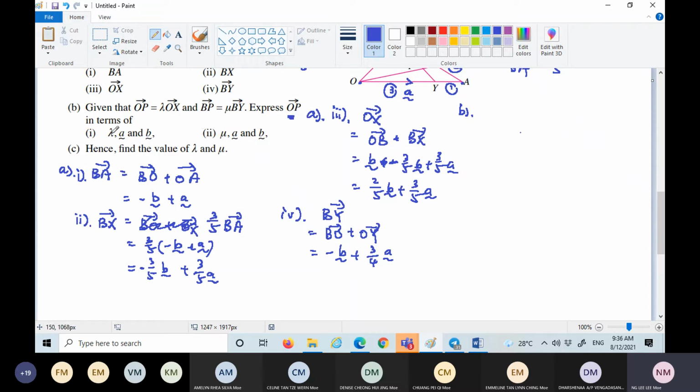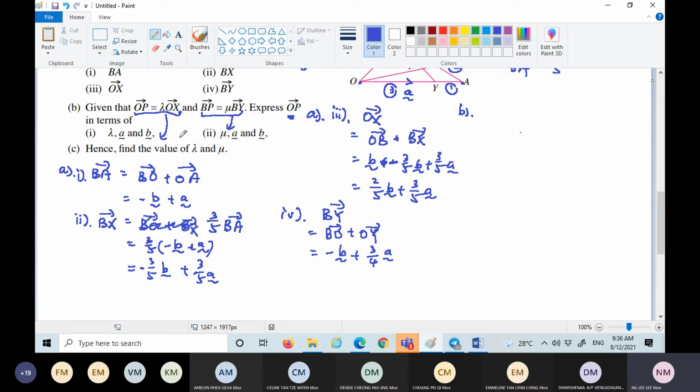You see, you have to express the OP, but in different terms. Part 1, you are involved with the lambda. Part 2, you are involved with the mu. Part 1, you use the information that has lambda. Then part 2, you use the information with the mu, which is this one. Still the OP.